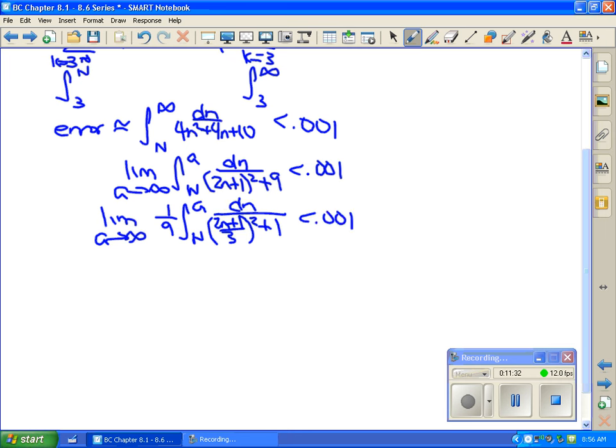So we're looking at an arctangent here. So the limit as a approaches infinity, 1/9, 3/2 arctangent of (2n plus 1 over 3) from capital N to a.